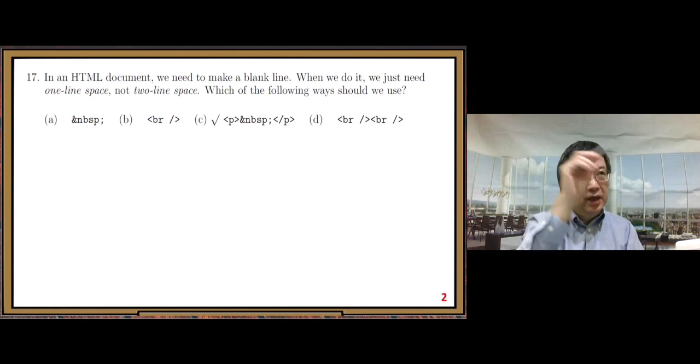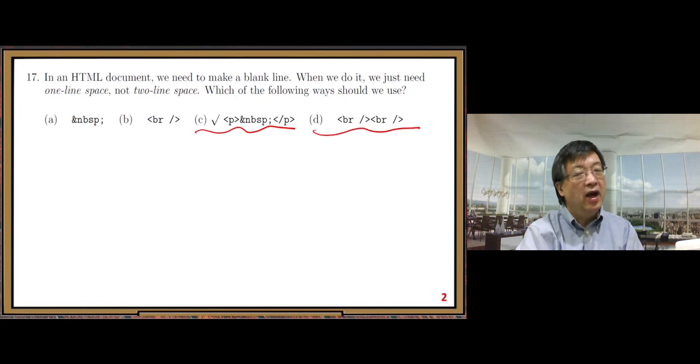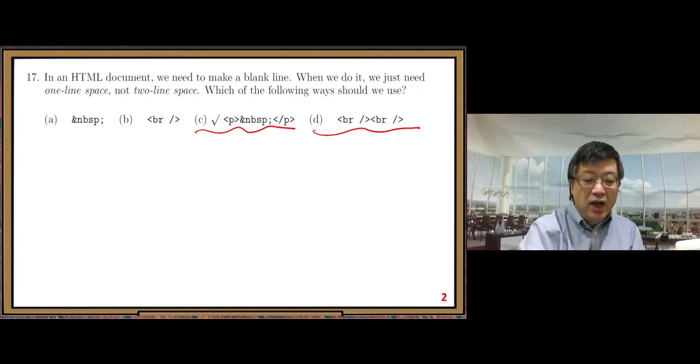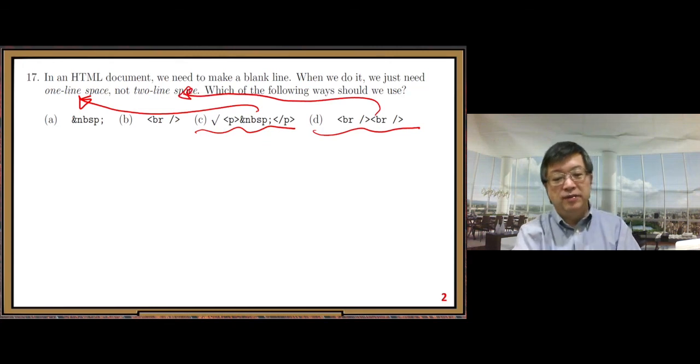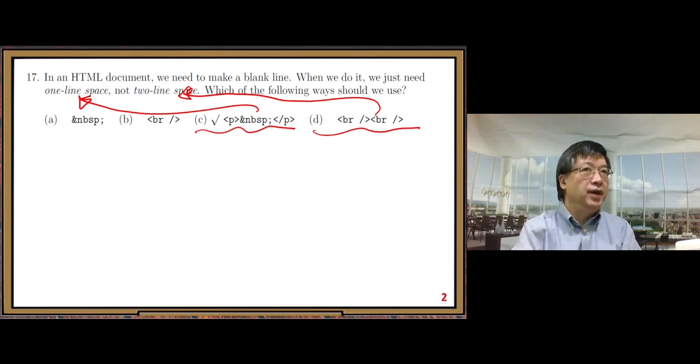The answer is two different ways, C and D. Then in my explanation, I told you the difference: C corresponds to one line space, and D corresponds to two line spaces. That's the difference. But some students may not have watched that video, so I noticed many students missed this question.